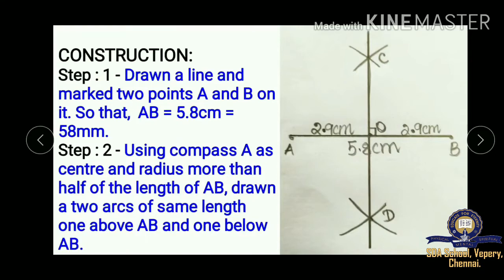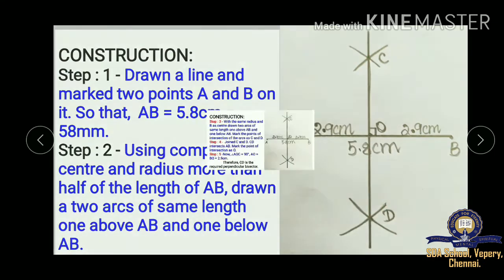We move on to our construction part. Step 1. First take a scale and draw a line segment for 5.8 centimeter and mark the points as A and B so that AB is 5.8 centimeter. Step 2, using a compass with A as center and the radius more than half of the length of AB, draw two arcs of the same length, one above AB and one below AB.